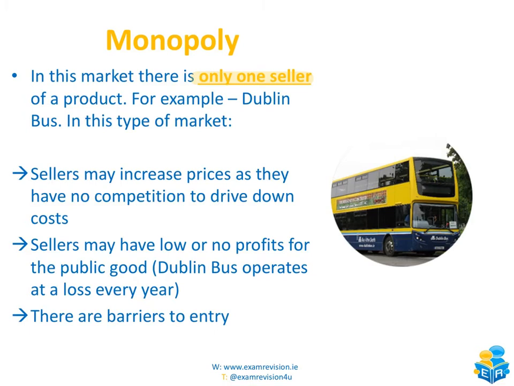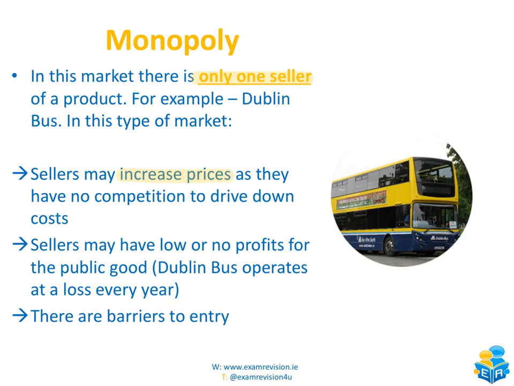So when Dublin Bus was the only seller in that market, a feature of a monopoly would be that sellers may increase prices as they have no competition to drive them down. So if you have a monopoly, you can increase prices because you'll have no competition. People will have to buy your product regardless.